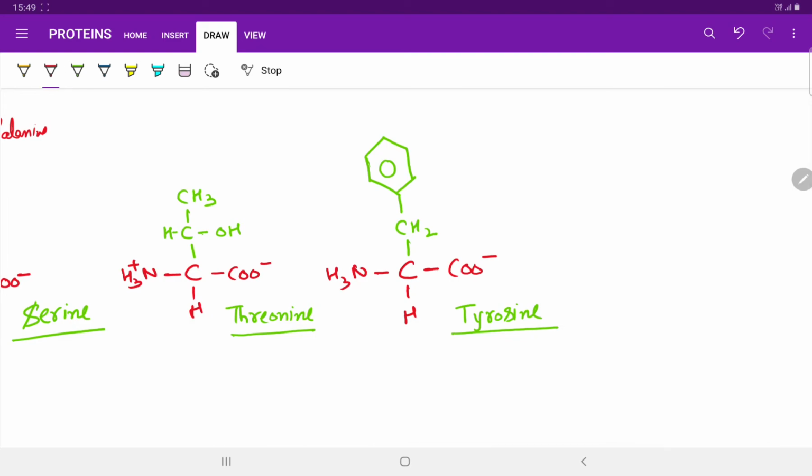Now let us draw the structure of cysteine. SH, you can see here SH. This is the structure of cysteine.